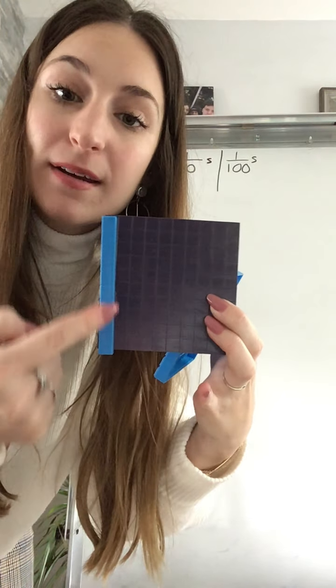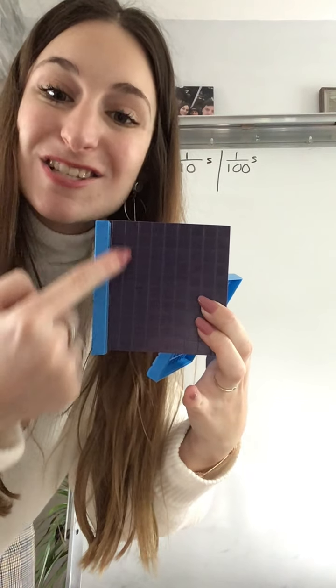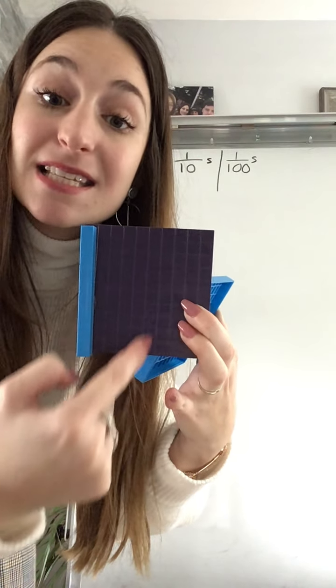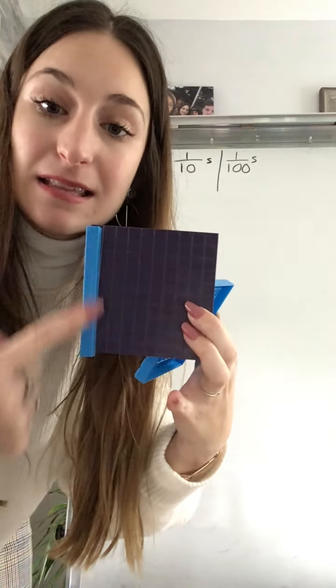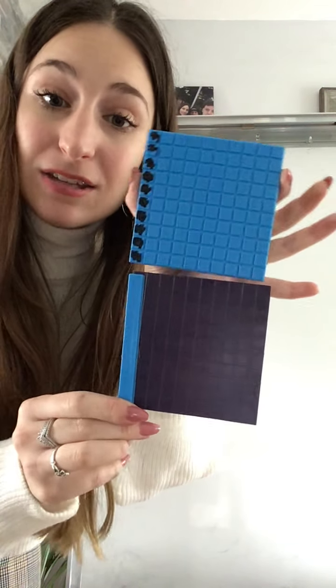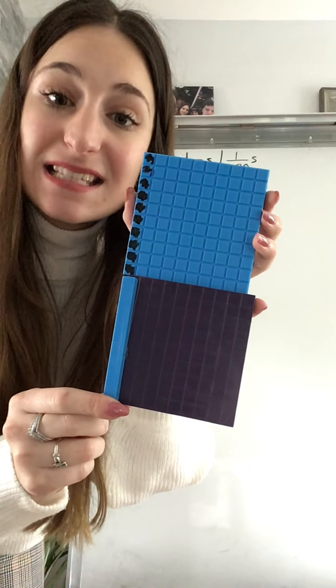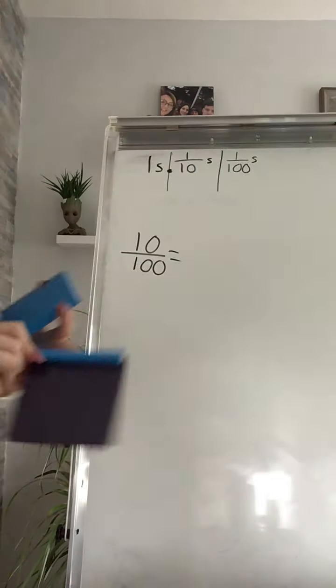That's right, 1 tenth. 1 tenth, 2 tenths, 3 tenths, 4 tenths, 5 tenths, 6 tenths, 7 tenths, 8 tenths, 9 tenths, 10 tenths will make 1 whole. So can you see how 10 hundredths is the same as 1 tenth? Can you see it? Yeah.